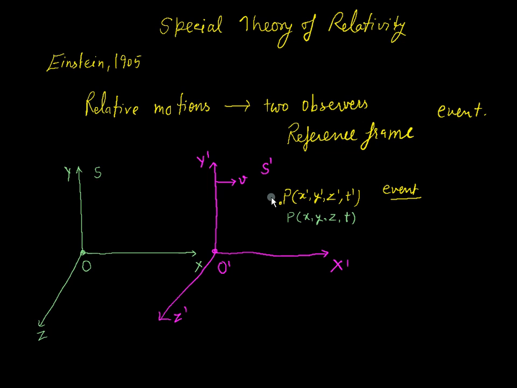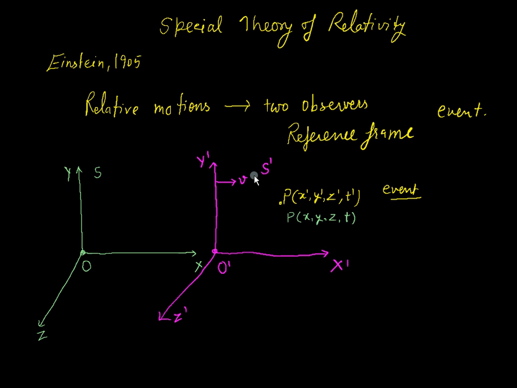This event happens in the moving frame, and that frame is S prime. This S prime is a moving frame, and an event which occurs here is observed by this observer O, who is at rest in the S frame, and will measure this event in his coordinates x, y, z and t.